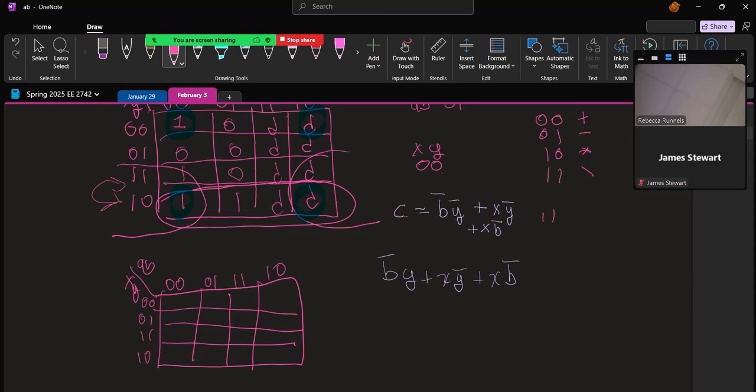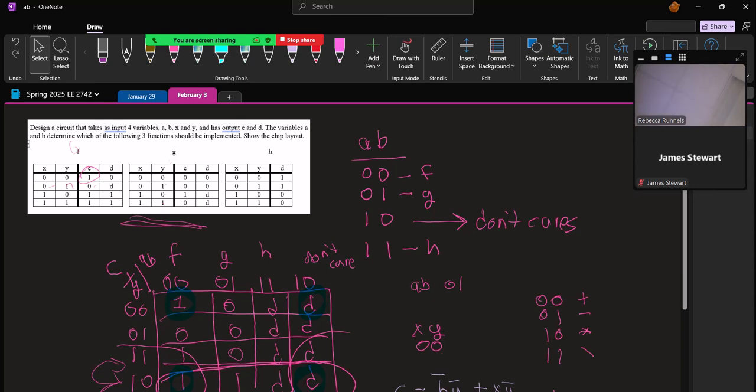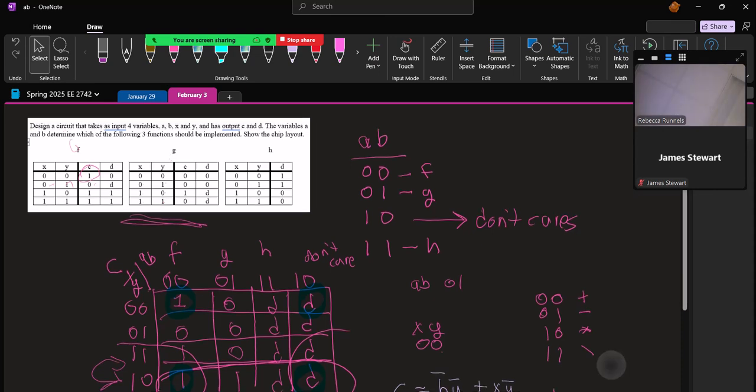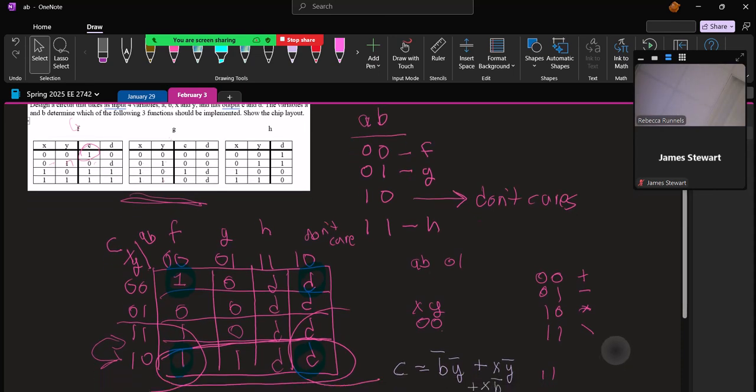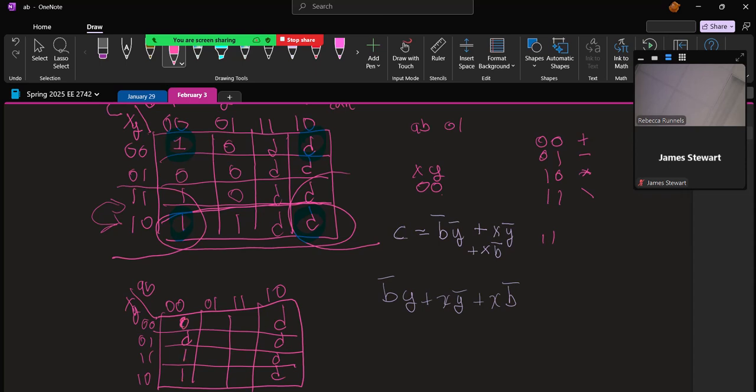And our 1, 0 are still don't cares. And for function f, D is 0D11. So what's the difference between this one and the top one?